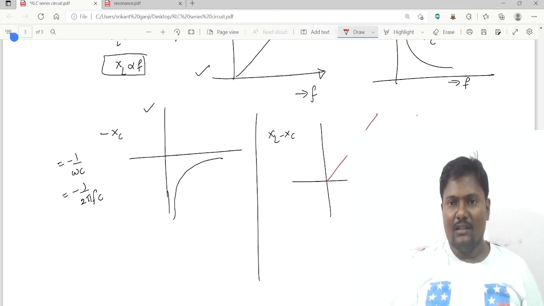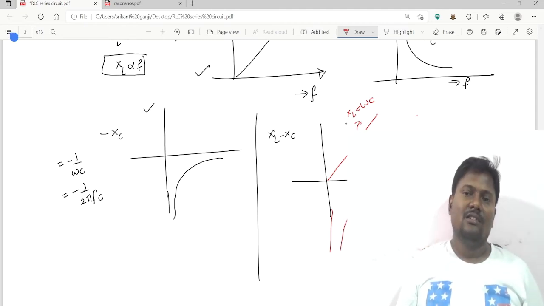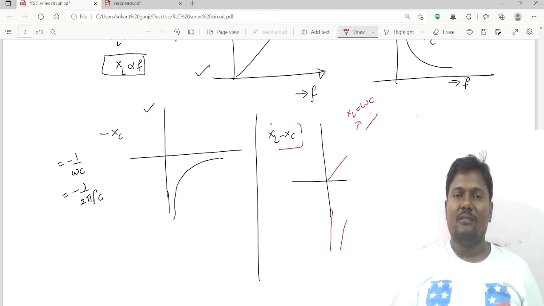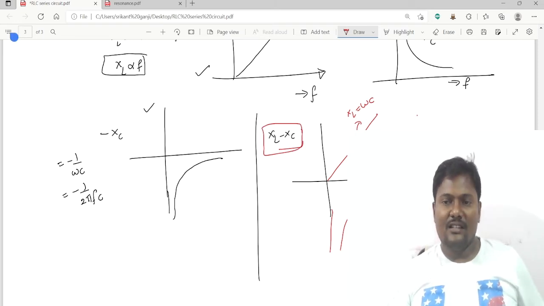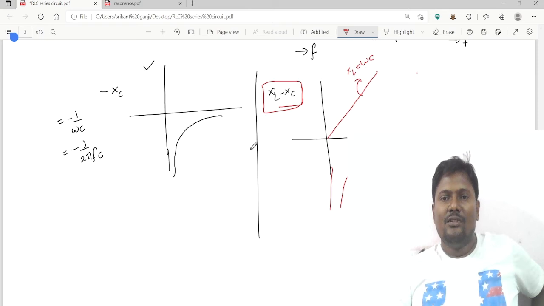This is the XL waveform, and the other waveform is the minus XC waveform. Add these two to get XL minus XC. It starts from minus infinity and increases linearly.